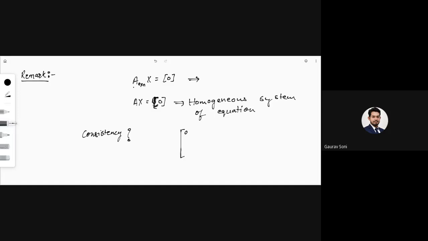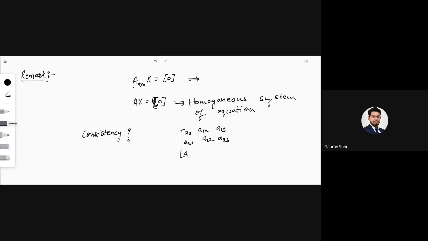a system of equations. A11, A12, A13, A21, A22, A23. Sir, consistent maybe and unique solutions. Just a minute. Who said it? Okay, Daksh.